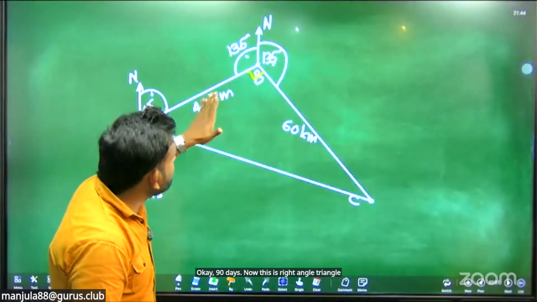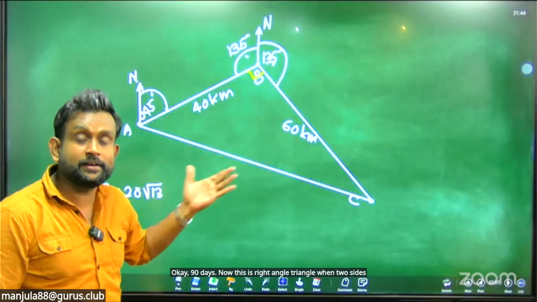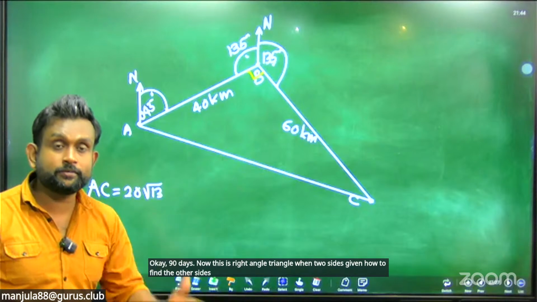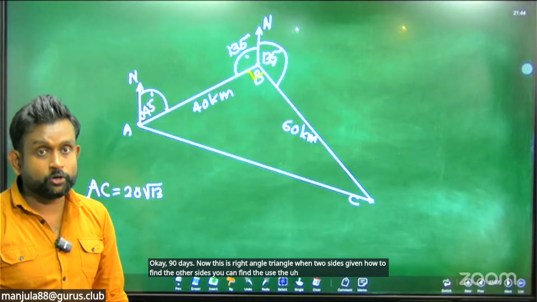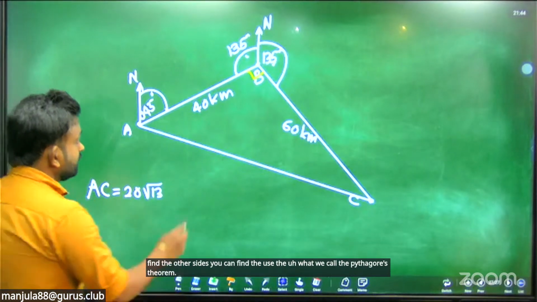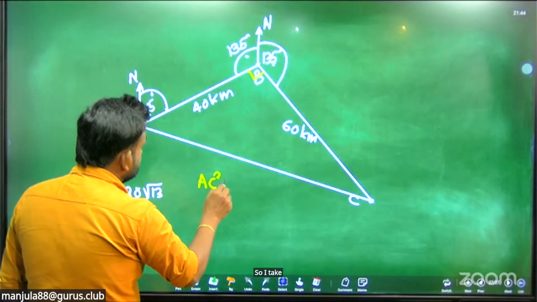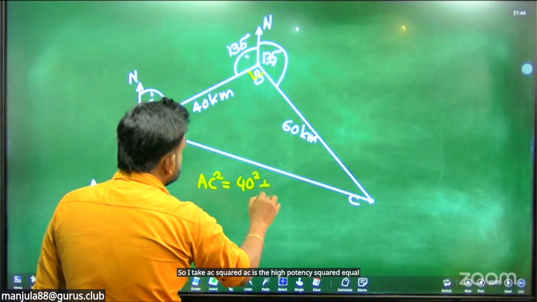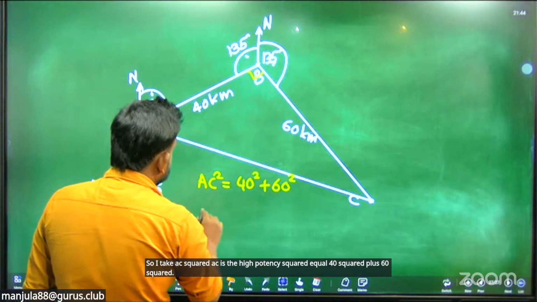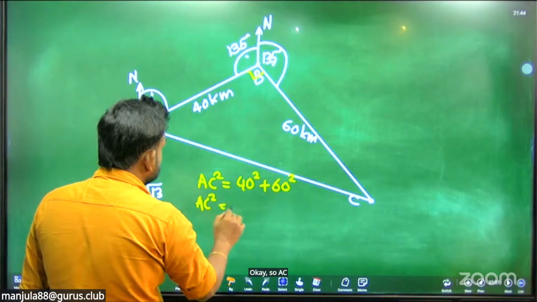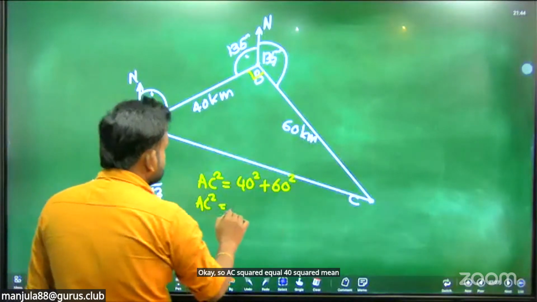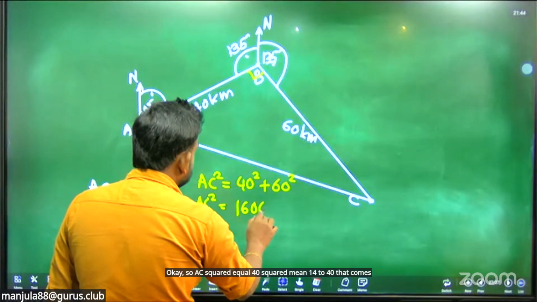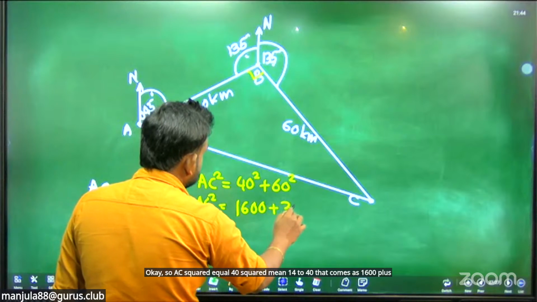When two sides are given, how to find the other side? You can use what we call the Pythagoras theorem. So I take AC squared. AC is the hypotenuse. AC squared equals 40 squared plus 60 squared. So 40 squared is 1600, plus 60 squared, 3600.